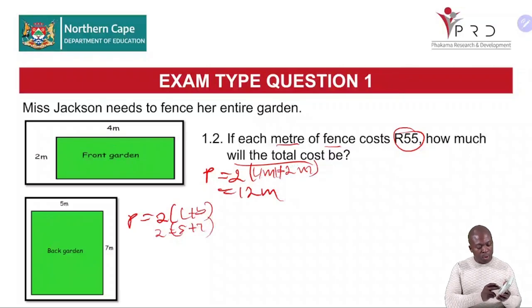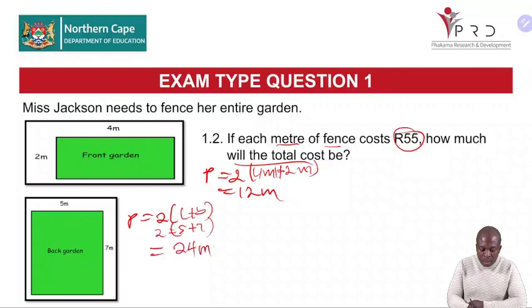With the close bracket, we get 24. So now we know the front garden is 12 meters, and the back garden is 24 meters around it.